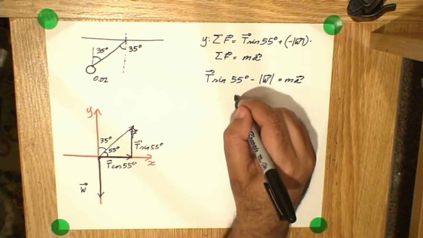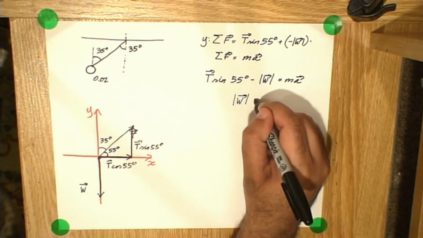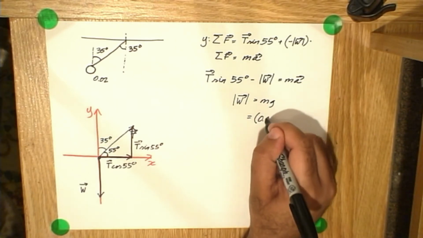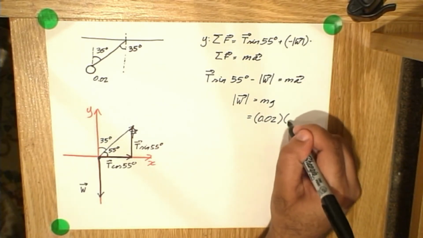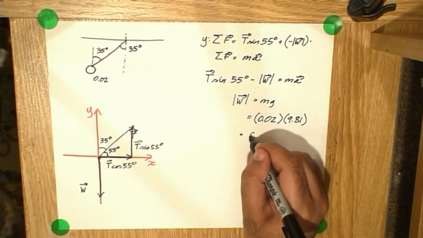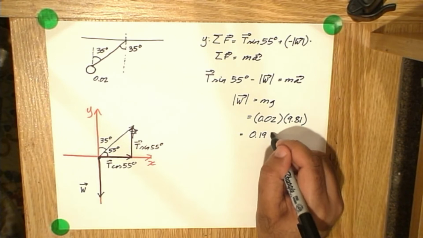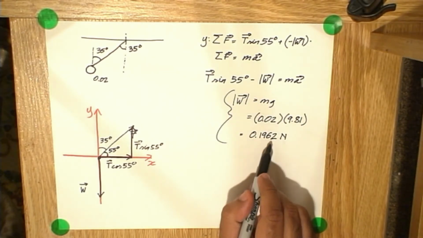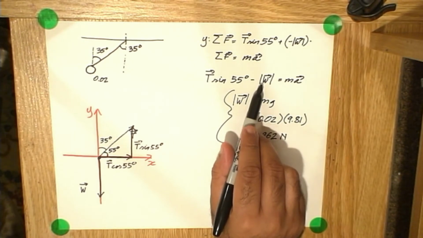Now let's solve for the weight. Weight is equal to mass times gravity, which is equal to 0.02 times a gravity of 9.81. So that's going to work out to 0.1962 newtons. This is the quantity that we now put in for weight over here.